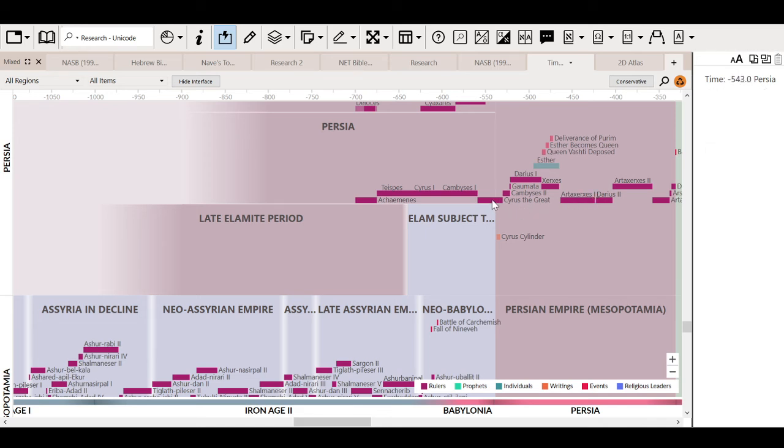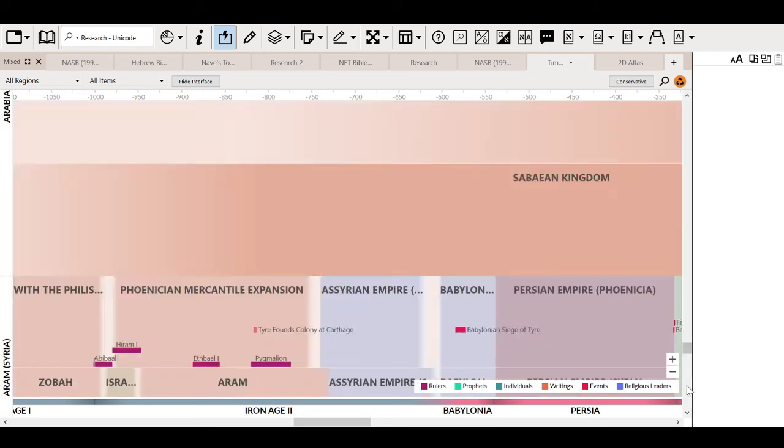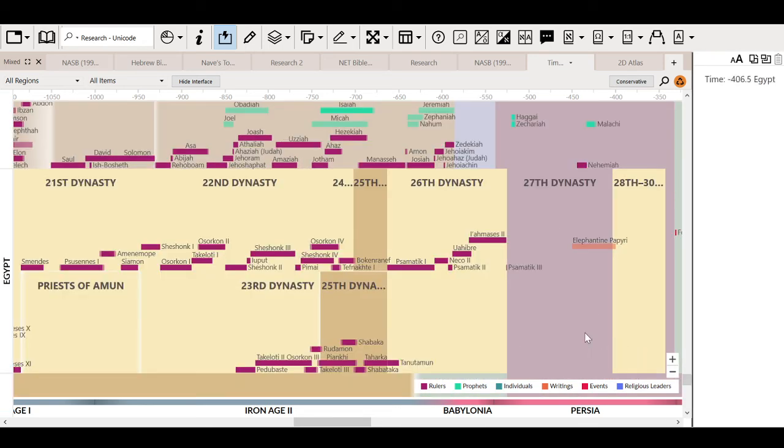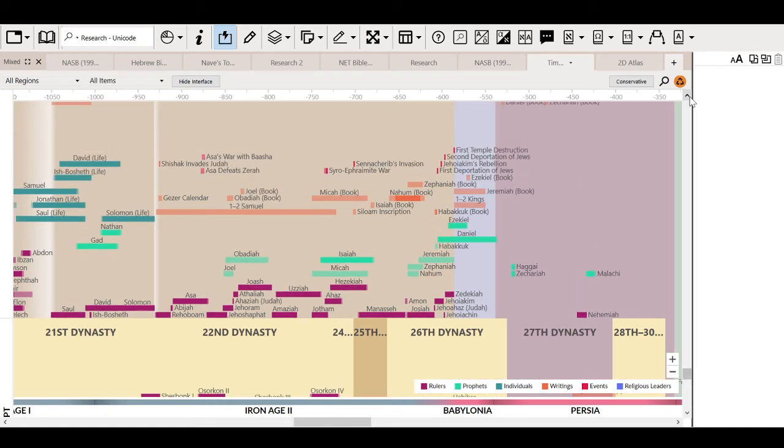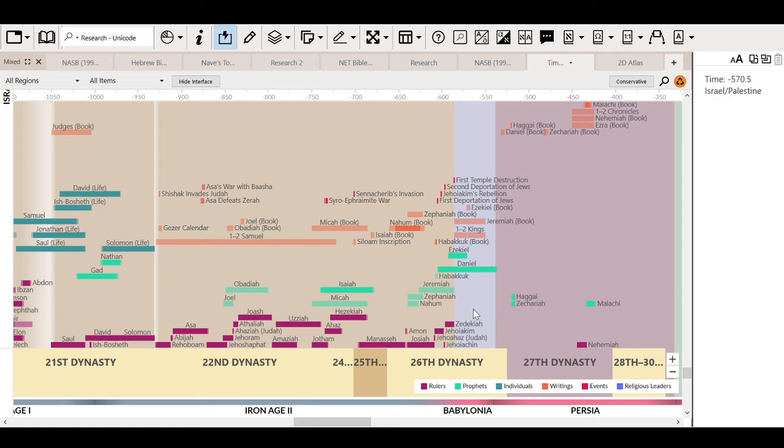So Cyrus the Great was the one who first gave permission to the people of Israel, the people of Judah, to go back to Judah or to Jerusalem to rebuild the temple, because it is during this period here that we have prophets like Haggai and Zechariah.